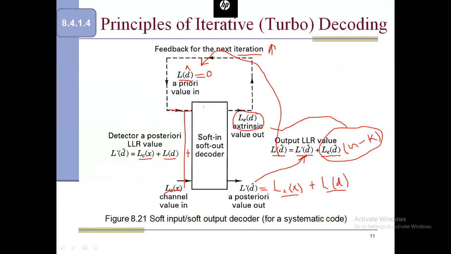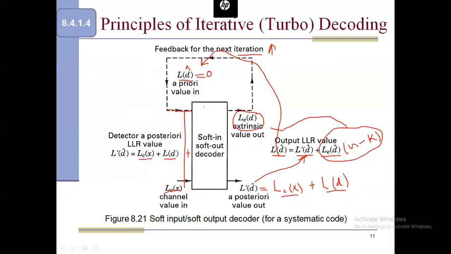So it means that the soft output decoder will help us to decide more about the correct answer.